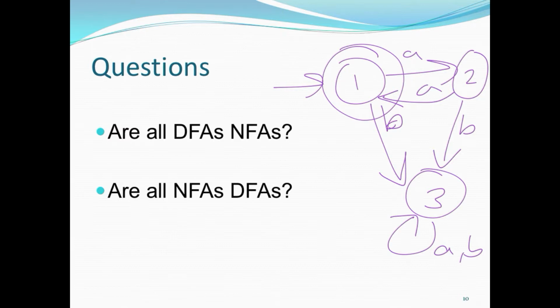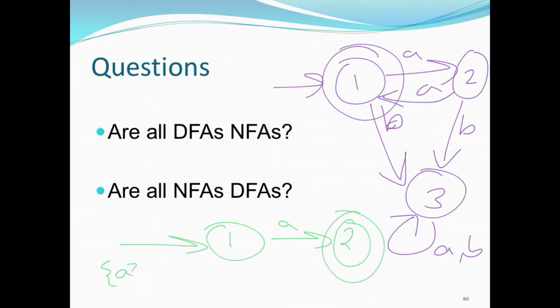On the other hand, if I have an NFA, like this one, this is the NFA that accepts the language A, right? Just the symbol A, which is represented by the regular expression A, right? But there's no out transition for B from state 1.